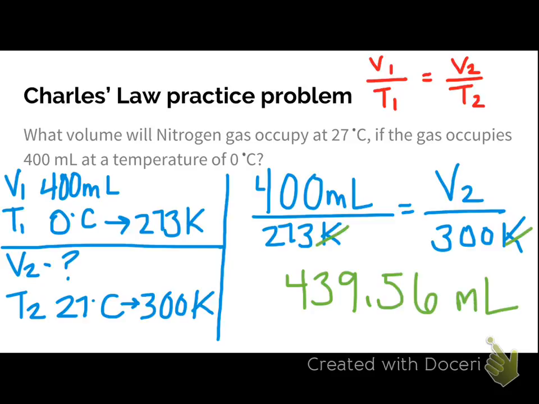The Kelvin canceled. So my temp went up, my volume went up. So it's just plugging into these equations is really what we're looking at here. Being able to recognize which equation you need to use and what variable represents which number in the problem.